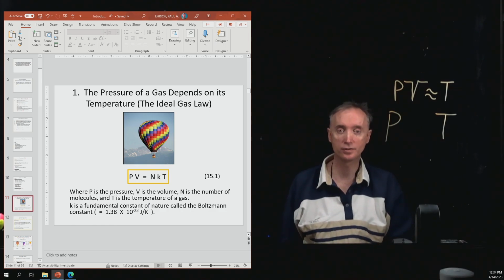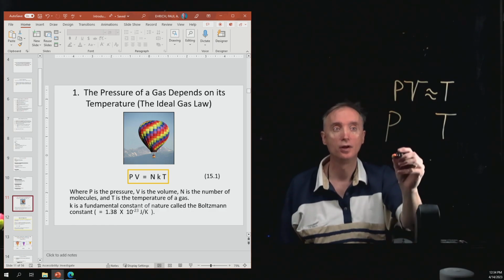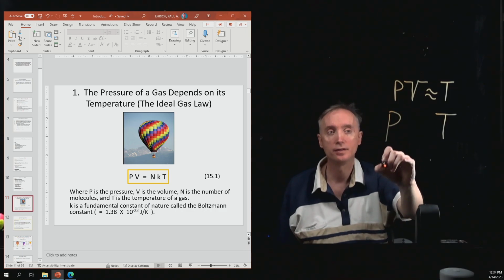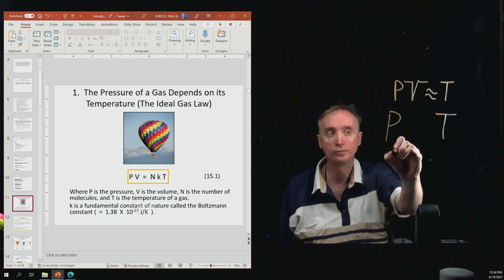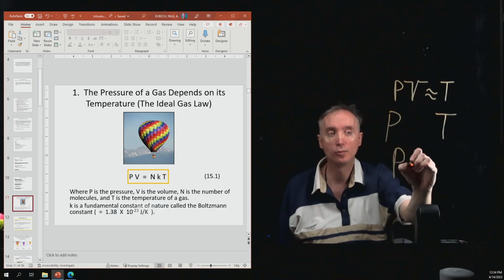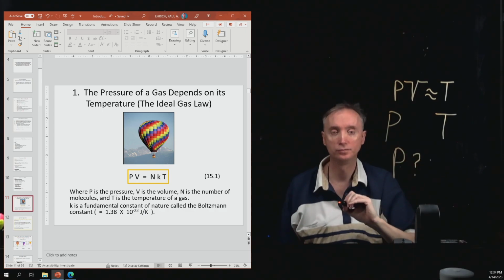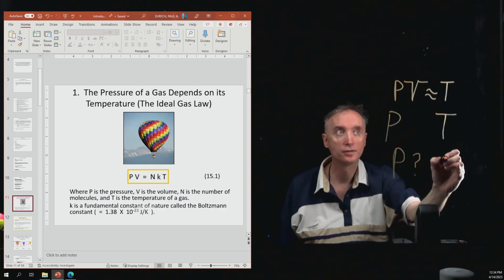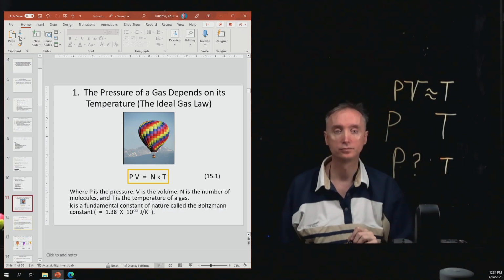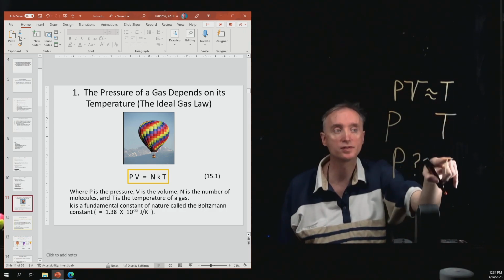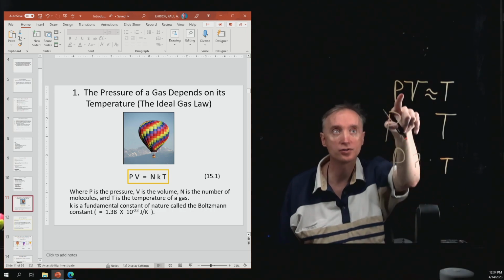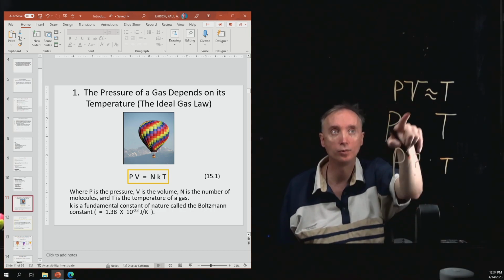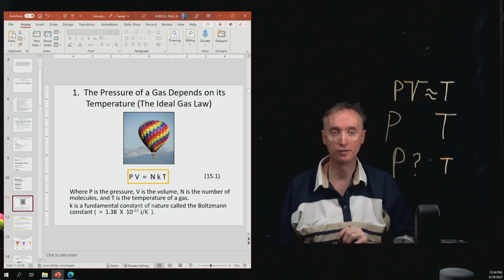The other kind of question that you should be able to answer would be, let's say that the pressure goes up, but we want to know what's going to happen to the volume if the temperature stays like it was before. So the temperature is the same, the pressure has gone up, and we want to know what's going to happen to the volume.